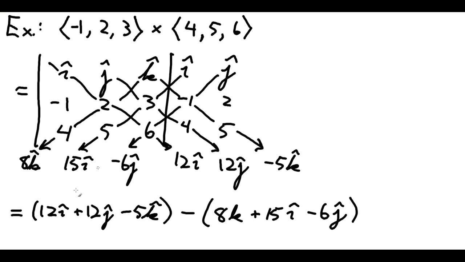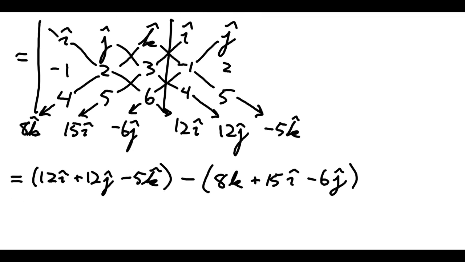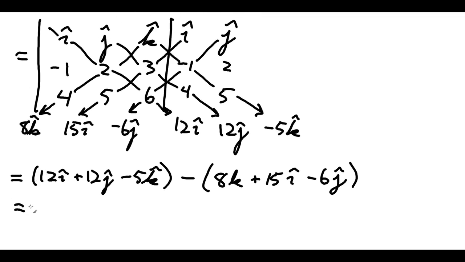And you can collect these directly, right? You can take 12i minus 15i, you have your 12j minus negative 6j. You might find it easier to reduce the chances of sign errors if you distribute that negative through, or not, you don't need to. If you want to group them this way, you certainly can, and leave them like that. Or you can push the negative through.